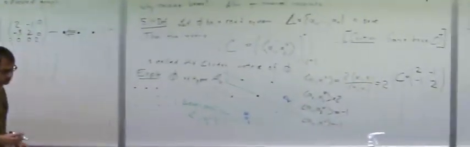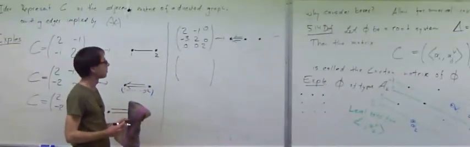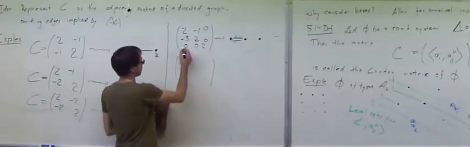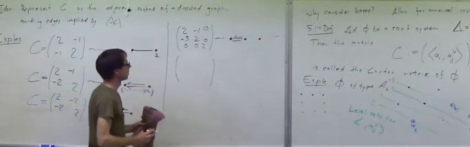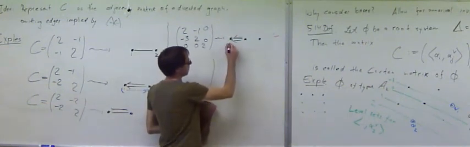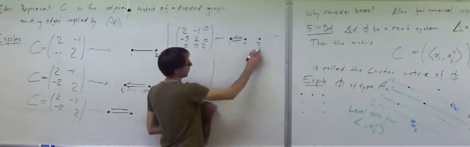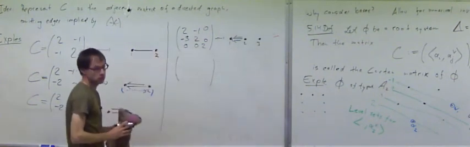So the -1 is by default. The 2s are by default. What about the 0s? These are also by default, the 3, 1 and 3, 2 entries. There is no arrow between 2 and 3. So when you don't have an arrow, it's by default.